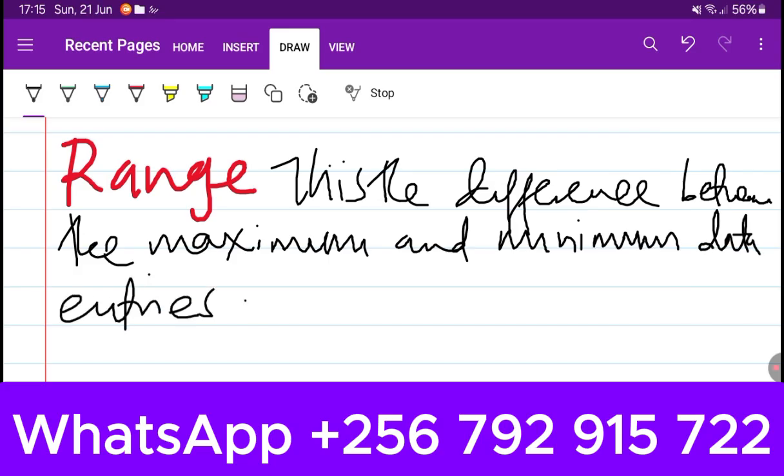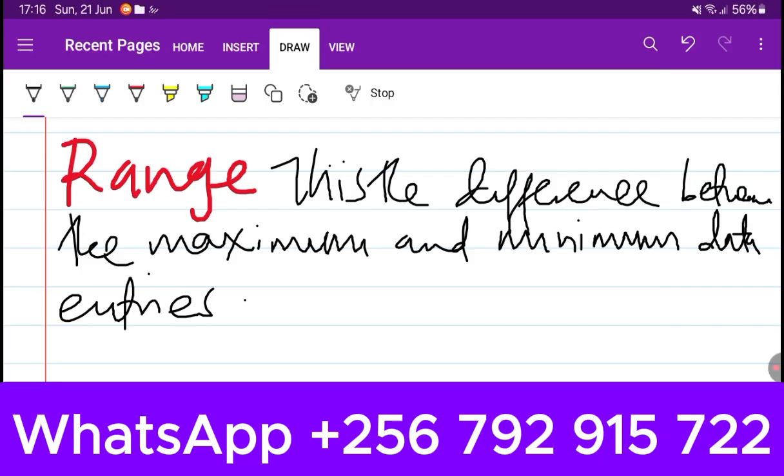So the difference between the highest value and the lowest value is what we call the range. That is very easy to get. If they give you values, you pick out the highest and then you pick out the smallest, then you get the difference.